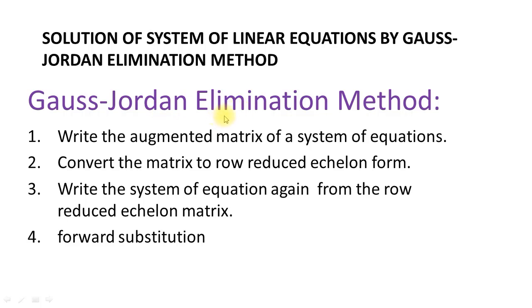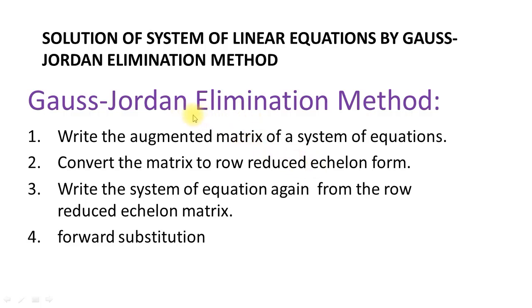Gauss elimination method means to reduce the augmented matrix into echelon form, and Gauss-Jordan elimination means to reduce the augmented matrix into reduced echelon form.